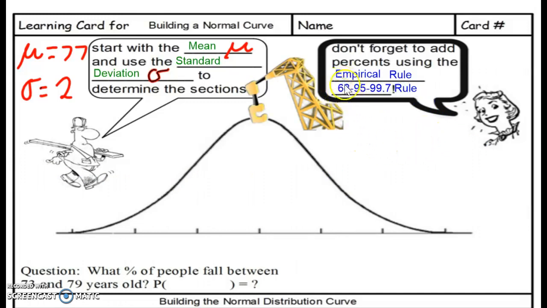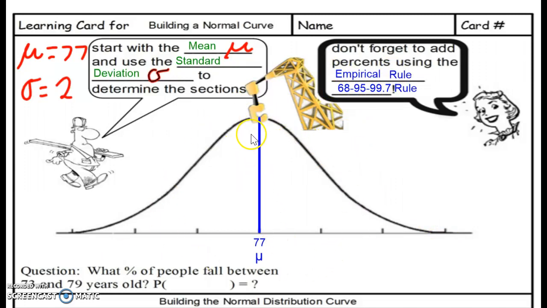And the reason why it's called that is because those numbers, 68, 95, and 99.7, are going to give us the percentage of the area underneath of our curve. It's very important. The percentage of the area underneath the curve is given by the 68, 95, 99.7 rule. So let's start to put this together, and it'll make a little bit more sense.